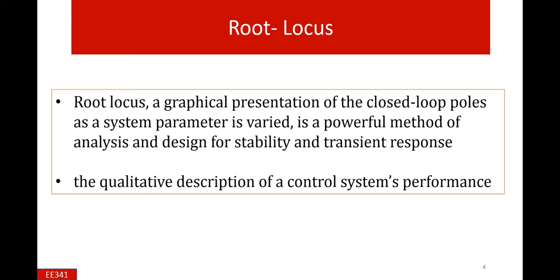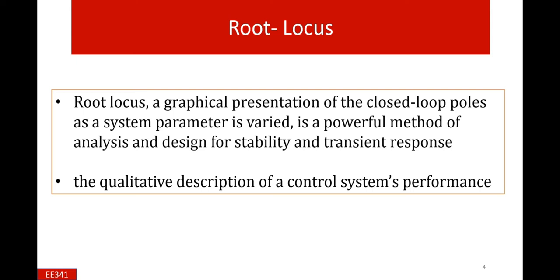Actually, root locus is the graphical representation of closed loop poles. Usually open loop system information is given and we use that information to draw the root locus, which is the representation of closed loop poles, and it is used for analysis and design for stability and transient response.